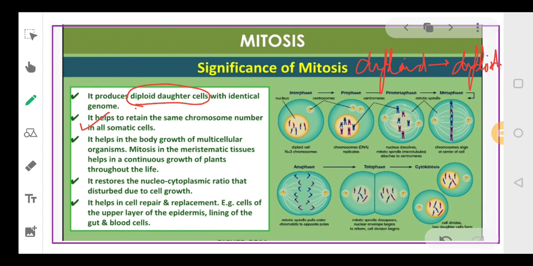Secondly, it helps in maintaining the same number of chromosomes in all the somatic cells.